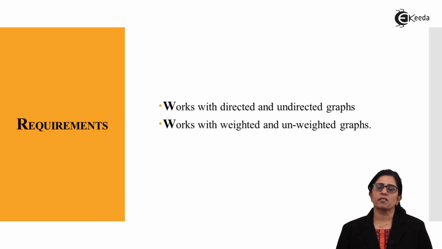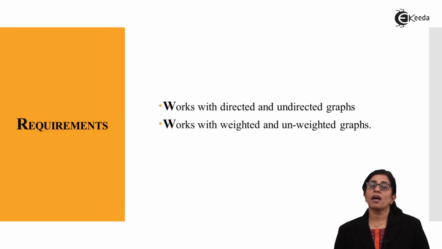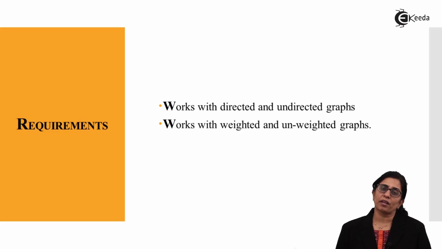And the second thing is, it works on weighted and unweighted graphs. But if I am trying to find a shortest distance travelled or the shortest path, then obviously I need some weights or some values attached between the two nodes or the vertices of my graph. So it works optimally for the weighted graphs and gives the best solution for the directed weighted graph.